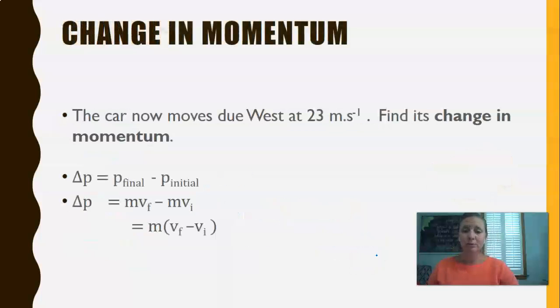So sometimes we can also find the change in momentum, meaning that what it was starting at could have changed. Maybe it had a positive momentum or a negative momentum, meaning maybe it's sped up or it's slowed down. So using that same example from before, they're saying now the car is moving due west at 23 meters per second. Oops, I meant to take that out.